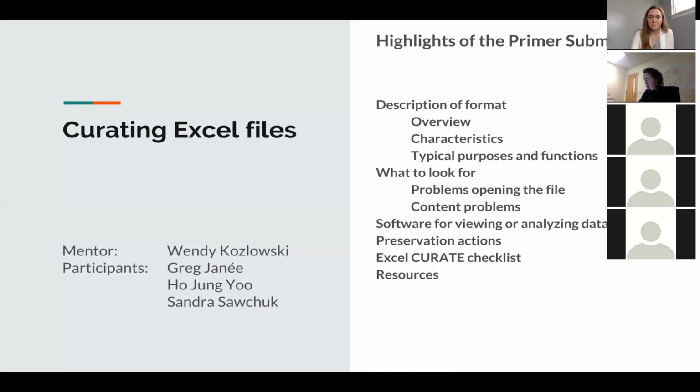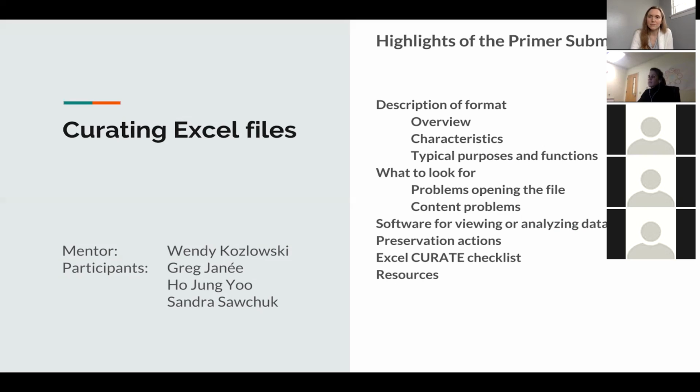So we've really tried to break down in a very precise way as many of the different ways in which we believe Excel could be used, which was an interesting exercise. And then, we broke down what could go wrong with each of those typical purposes and functions.